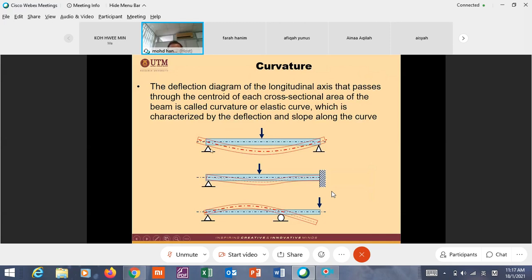Okay, so this is simply supported. This one is simply supported here and a rigid connection here. This one is simply supported, but you have a cantilever here. So this is just common sense, what the shape is.